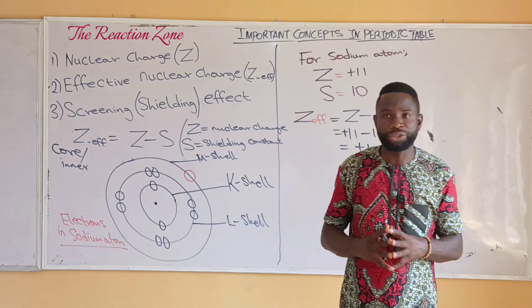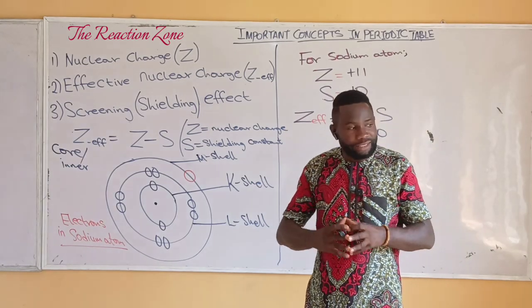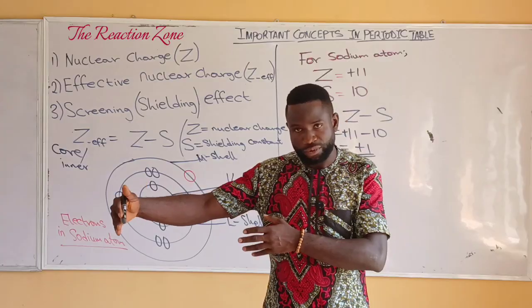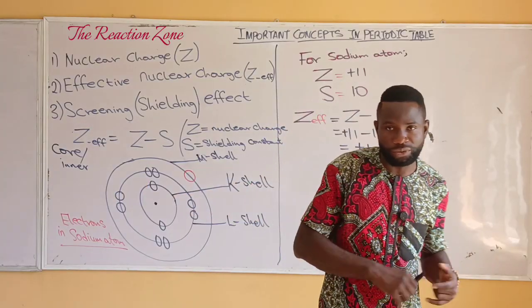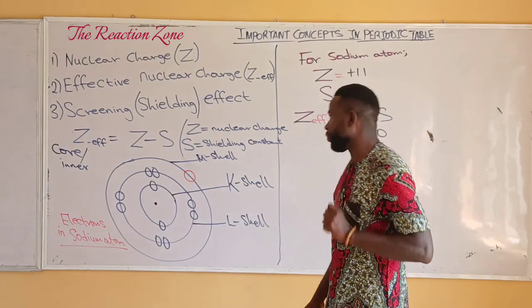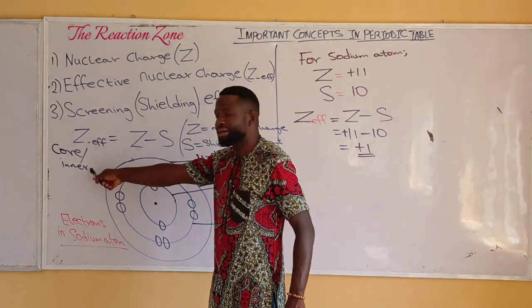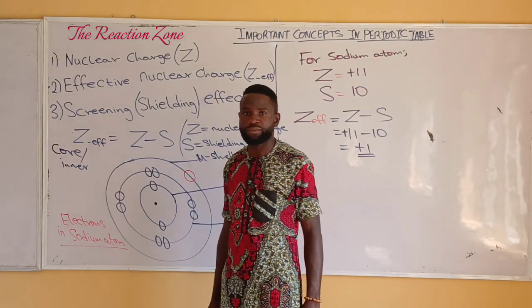This reduction in the electrostatic attractions of the nucleus for the outer electrons is as a result of the inner electrons.